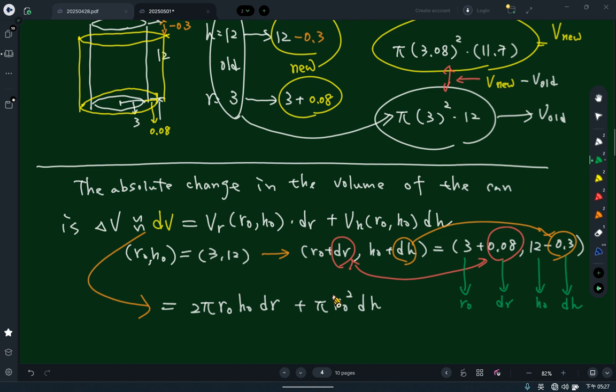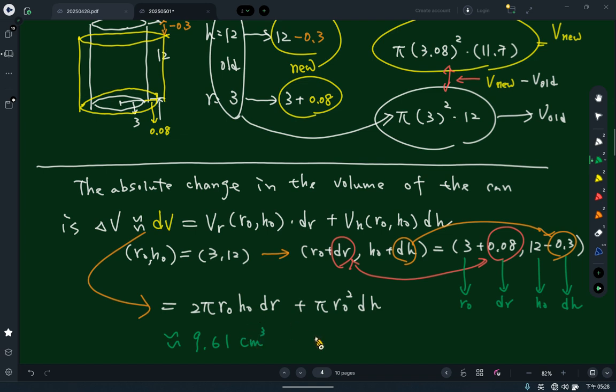Okay, so you can apply these numbers here, then you can get the approximated change as 9.161 cm cubed.